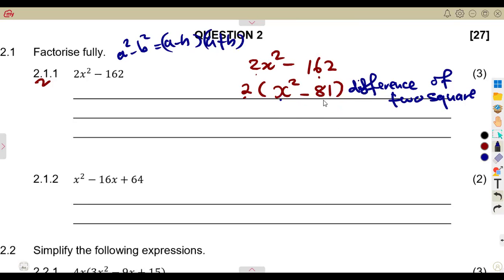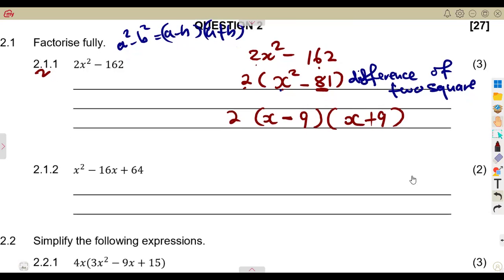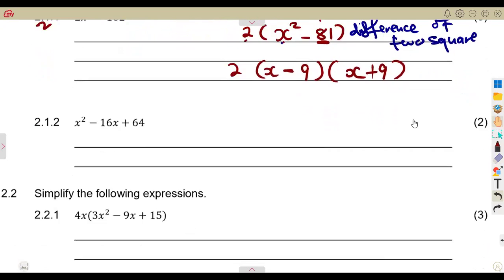This is a perfect square, which we can obtain by just having 2 brackets. The square root of x squared, which is x. What is the square root of 81? That's a 9. So 1 subtracts, another one is going to add. Or 1 is going to add, another one is going to subtract. You are done. So that's 3 marks for that.